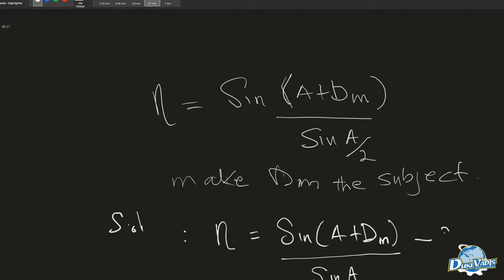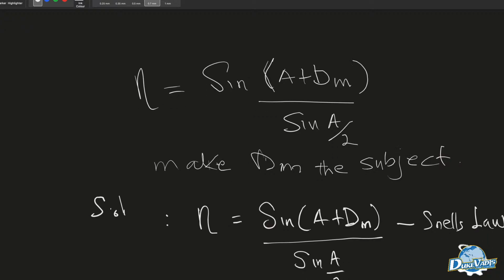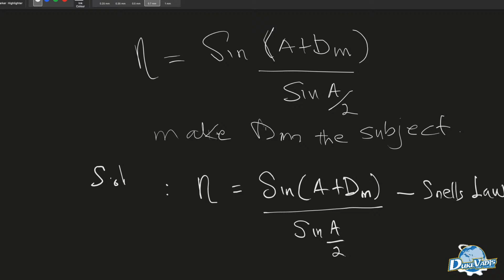This is Snell's law equation. But as I said, our interest is not on the physics aspect of it, but to be able to make the D m the subject. Alright, so how do we go about it?